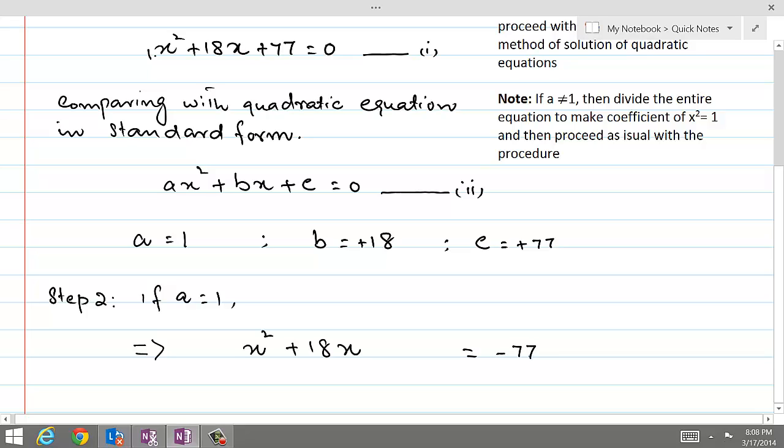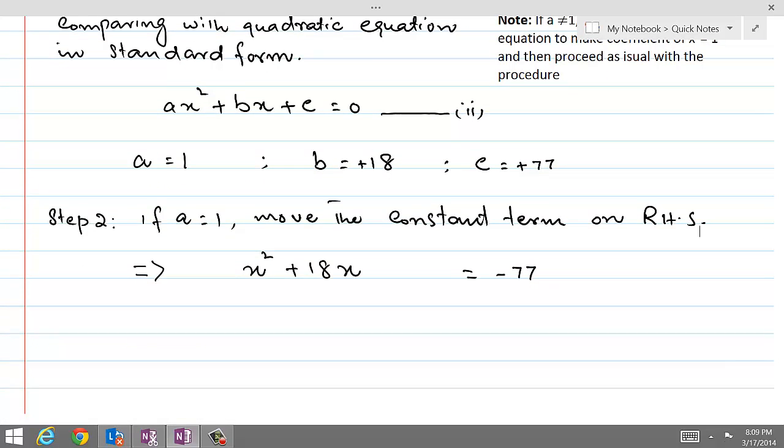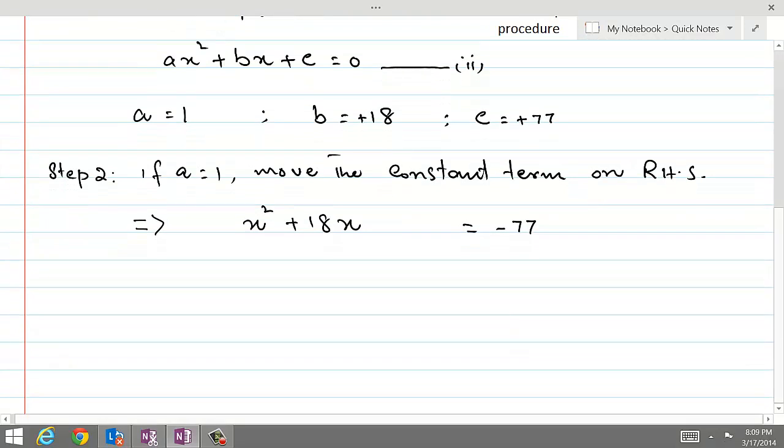If a is equal to 1, we move the constant term to the right hand side.